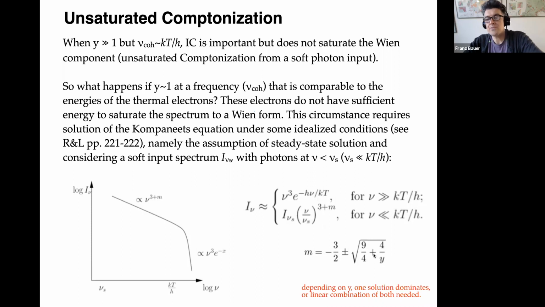So 9 halves plus 4 halves, let's see, that's 16, 19, 25 fourths. So it's about 6, square root is about 2.5, something like that. And so you have this thing plus or minus this thing. And so generally speaking, depending on exactly what the y is here, you might have one solution which dominates, and you take that, or you might have a linear combination of these two, which kind of cancels out.